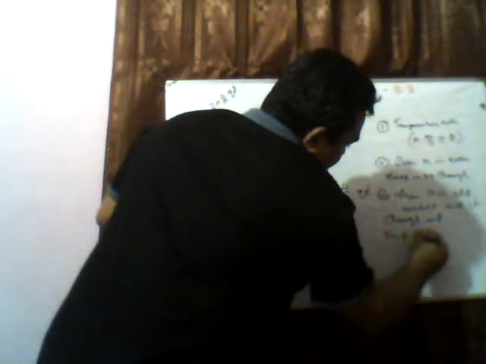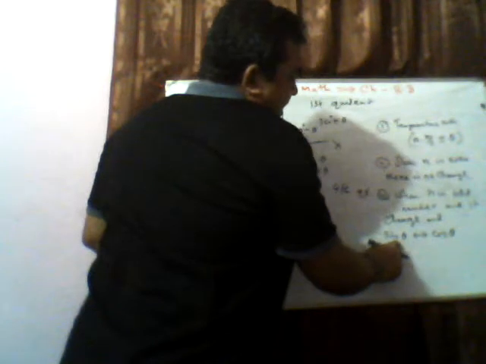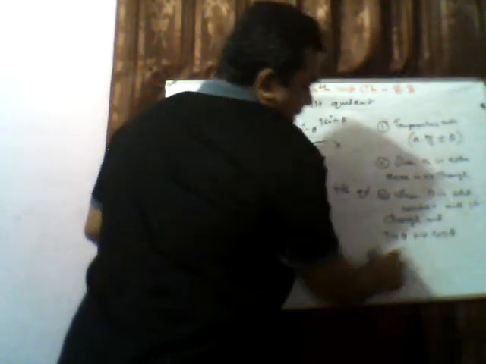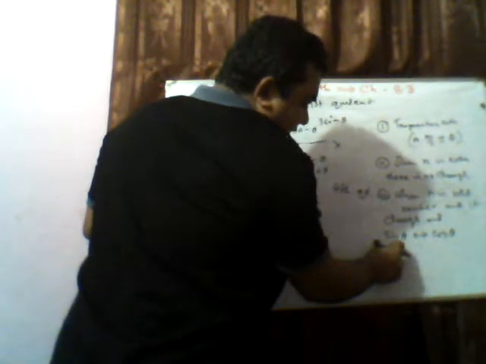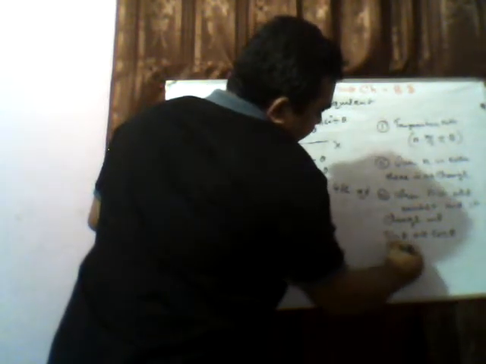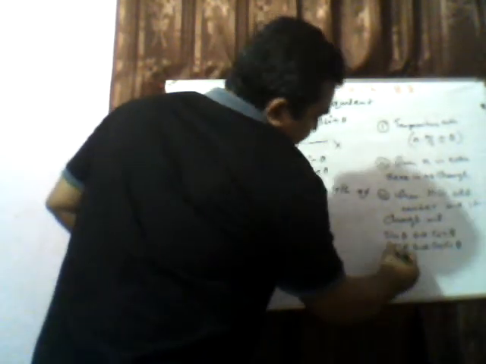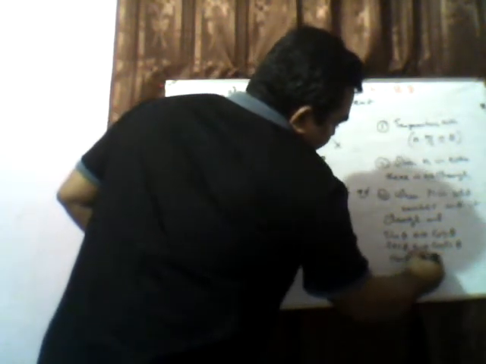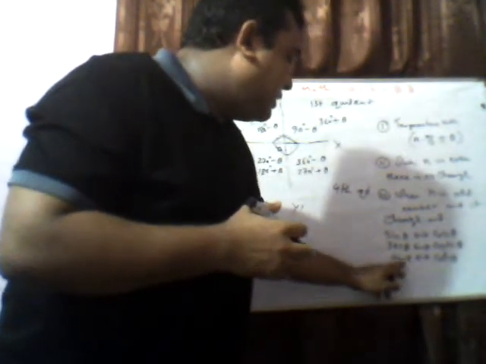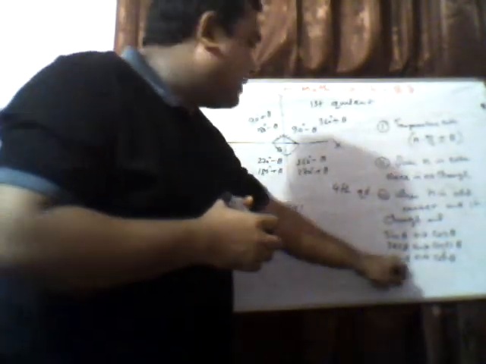Sin theta changes to cos theta, or cos theta to sin theta. Sec theta changes to cosec theta, or cosec theta to sec theta. Tan theta changes to cot theta, and cot theta to tan theta. Is it clear?